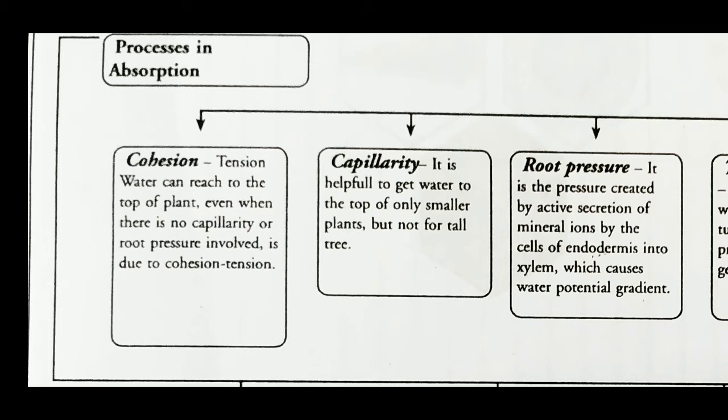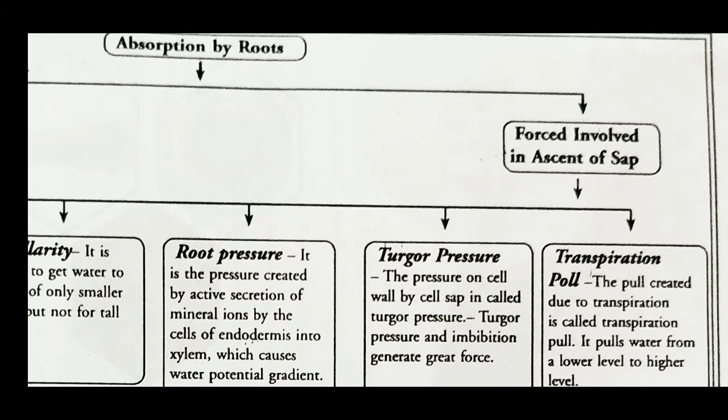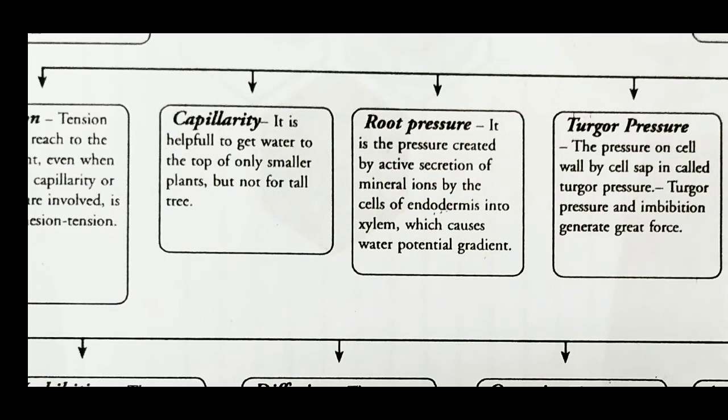One molecule moves, and behind it the other molecules move, and the water moves like that, even without capillary action. So cohesion is known as the tension. It is an action which is necessary in ascent of sap.